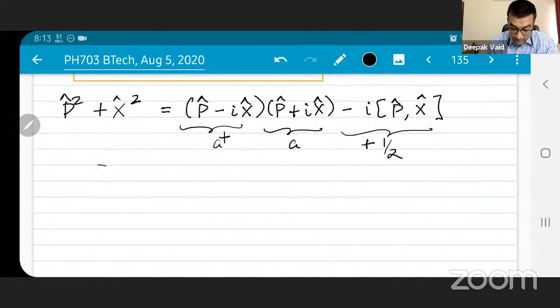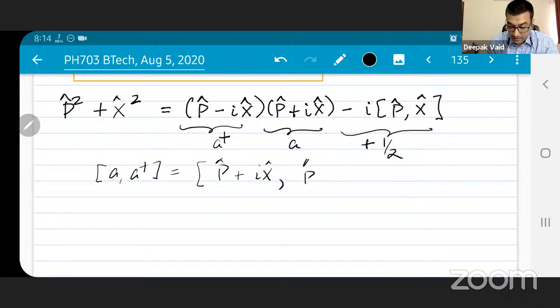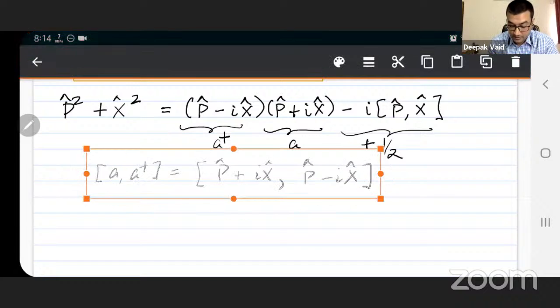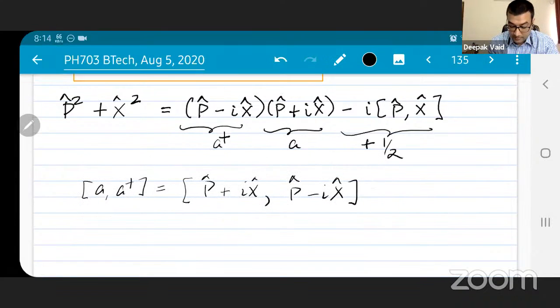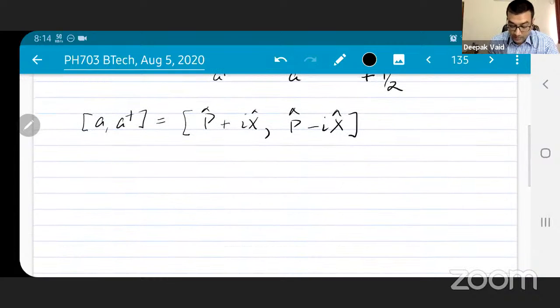So let us ask, what is the commutator of A and A dagger? A dagger is this guy, A is this guy, and A dagger is the Hermitian conjugate. Okay. So what will be the commutator of this?